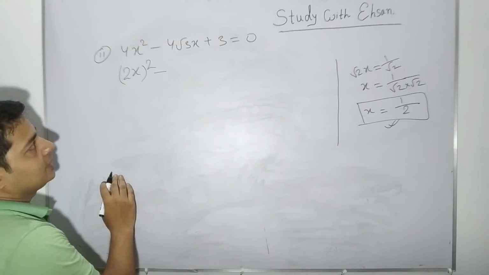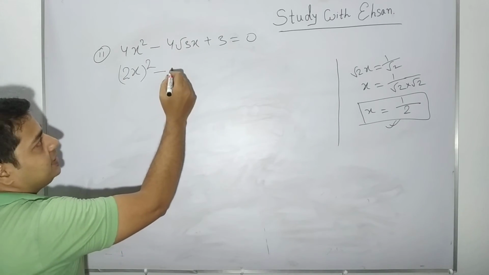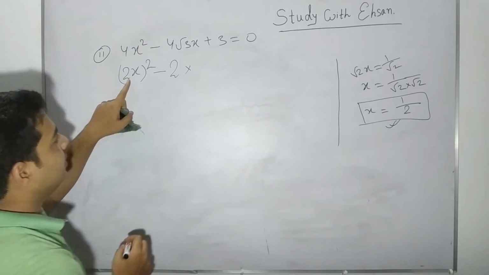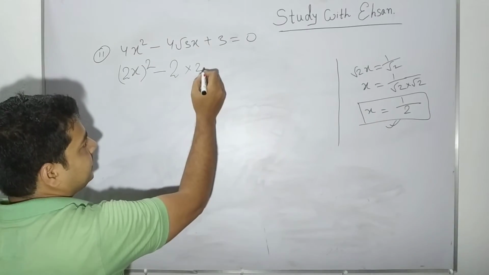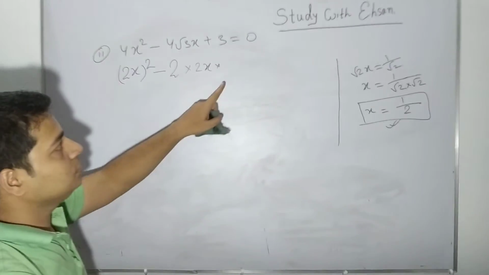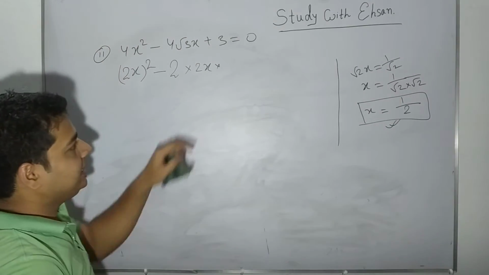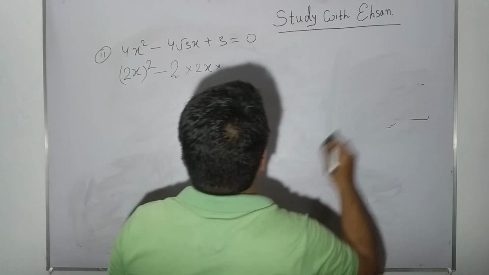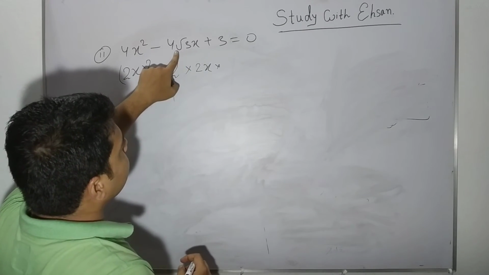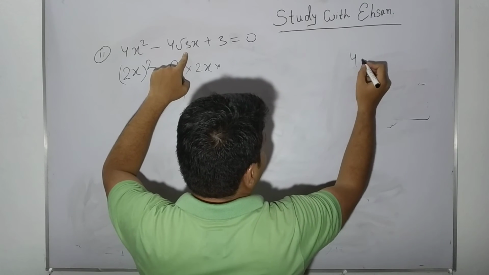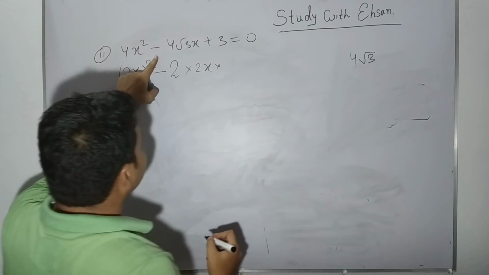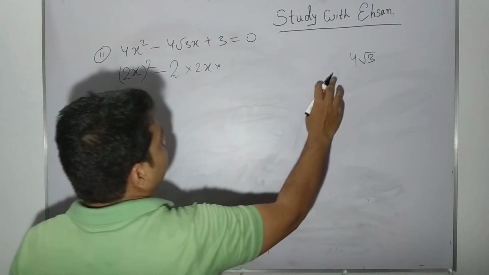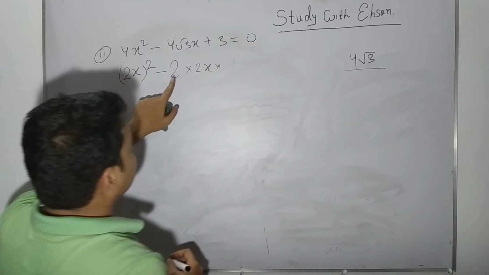Now minus 2 times, as I have told you, we have to take 2 from our side. Now we have to write the quantity inside the bracket, 2x, and one more quantity is to be written here, which is decided like this. We take the coefficient of x, 4 root 3. We do not care about the sign because it has been taken into consideration. Then 4 root 3 upon 2 into 2.